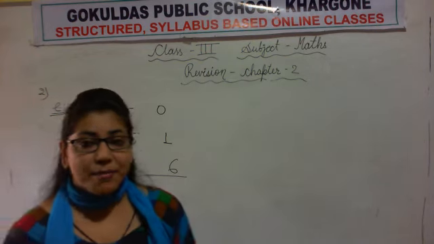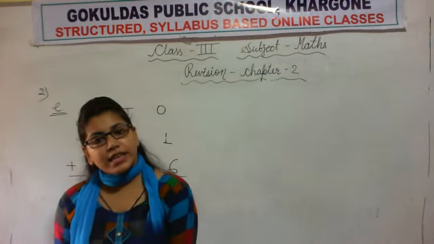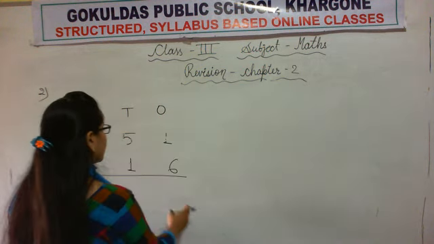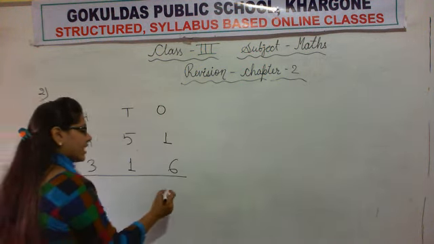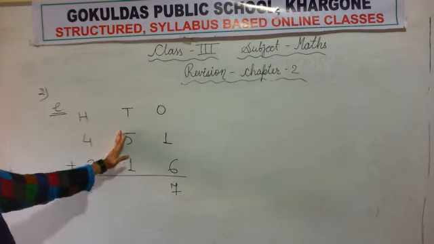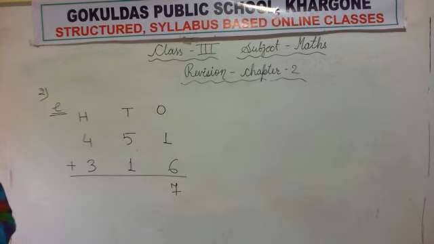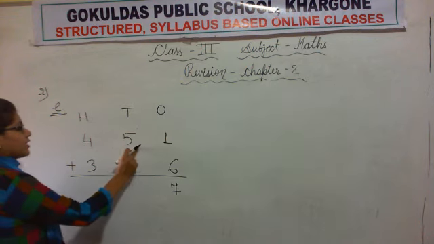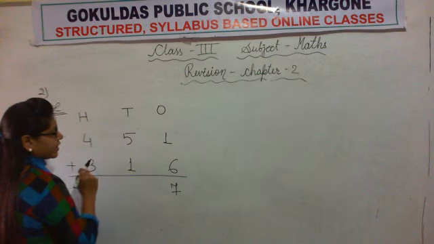Now, successor property. Whenever 1 is added to any number, it gives its successor. So, what is the successor of 6? 7. So simply we will write 7. Now again 1 is there. Whenever we see 1, we will apply the successor property. Whenever 1 is added to any number, it gives its successor.